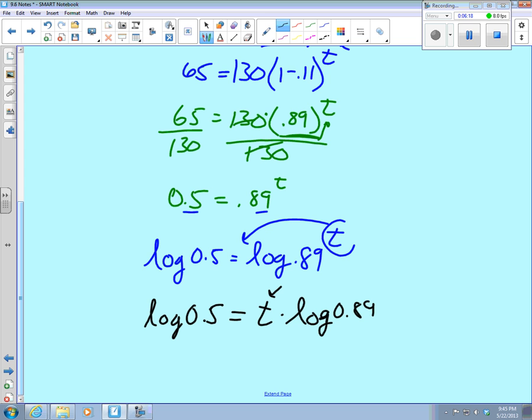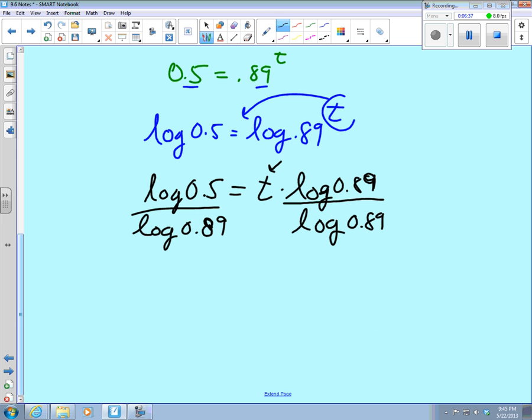Now, if I want to solve for t, I've got to get rid of this common log of 0.89. So I've got to divide both sides by the common log of 0.89. And that'll give me my answer, t, because these are going to cancel out. The easiest way to do this is put it in parentheses.